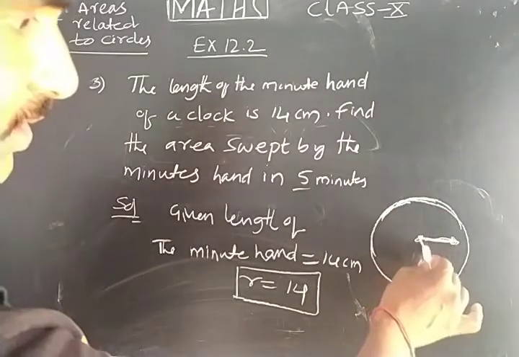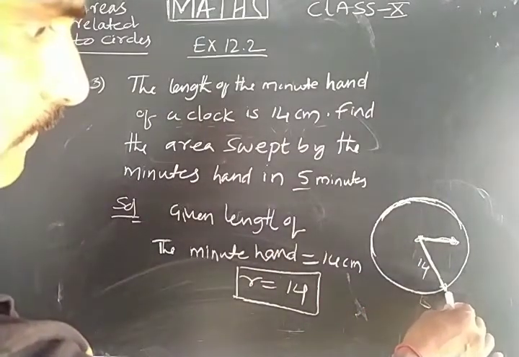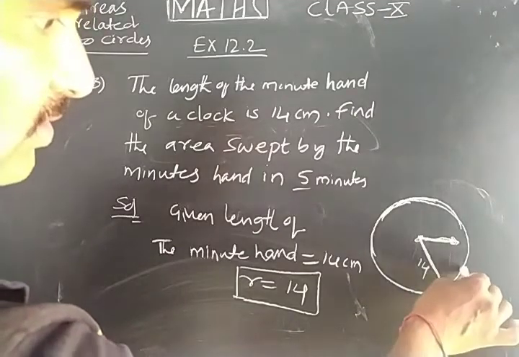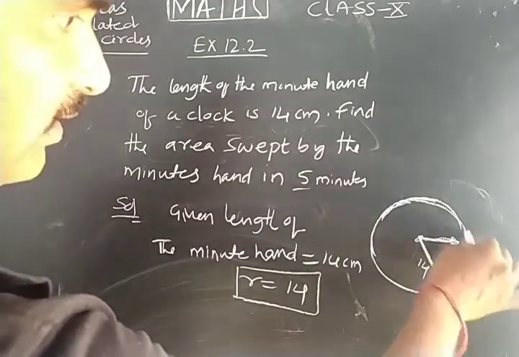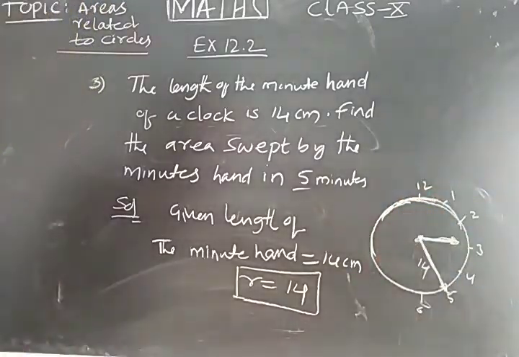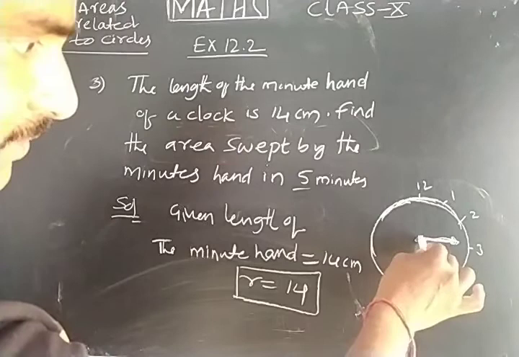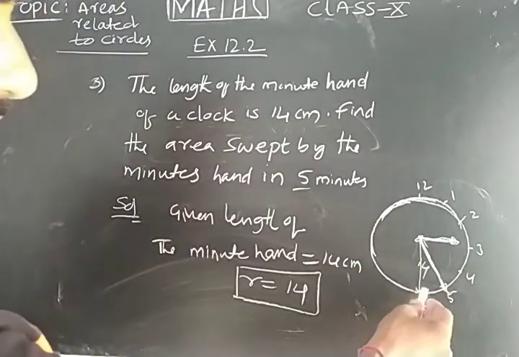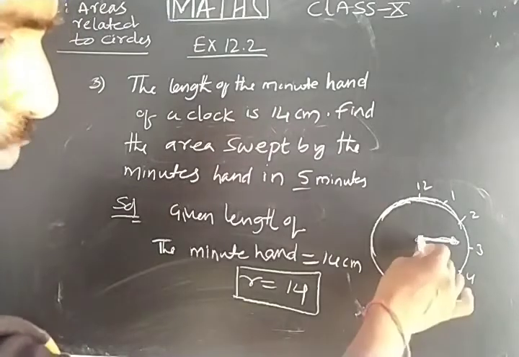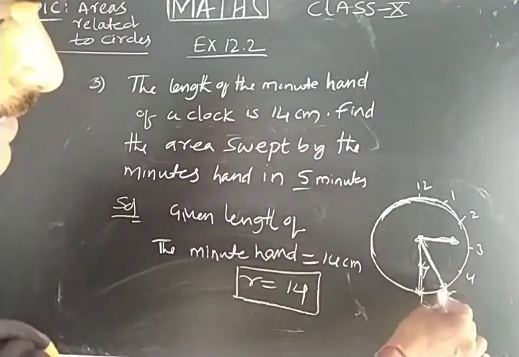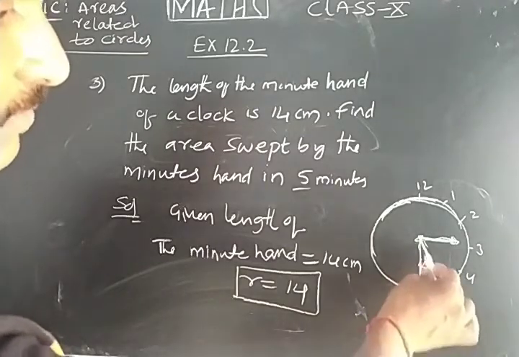Okay, suppose this is 6 on the clock, this is 5, say this is 4 and 3, 2, 1, 12. So after 5 minutes, the minute hand will be at 6 o'clock, right? So in 5 minutes it will rotate and cover some distance.